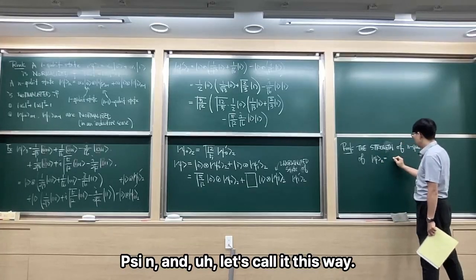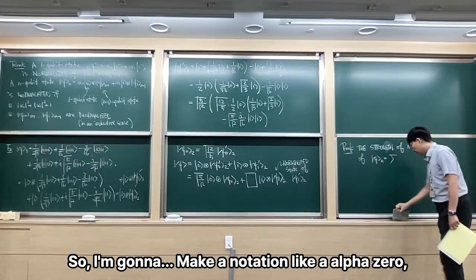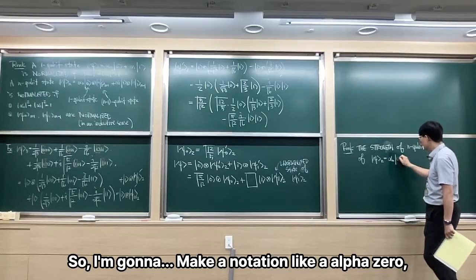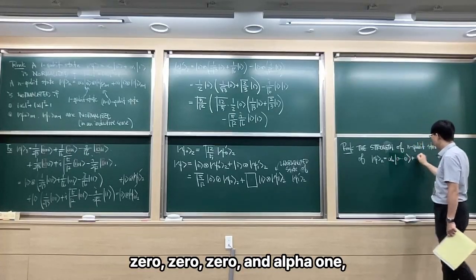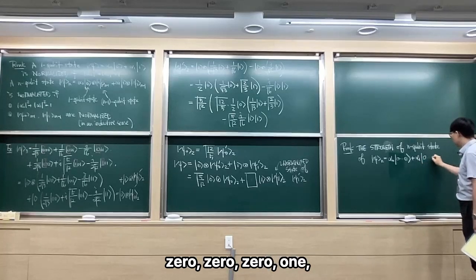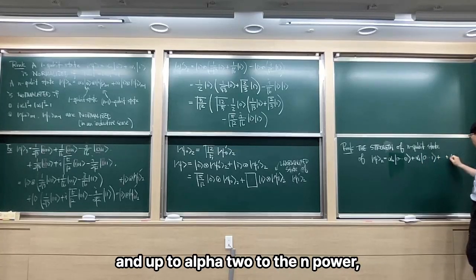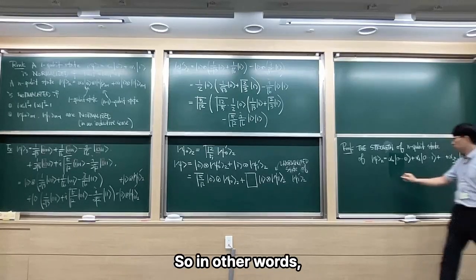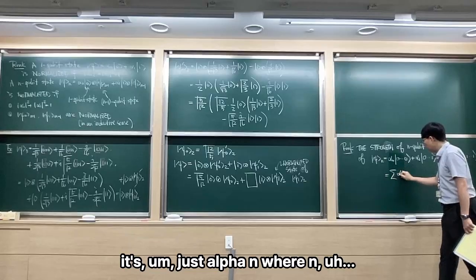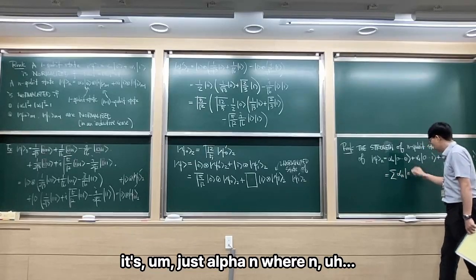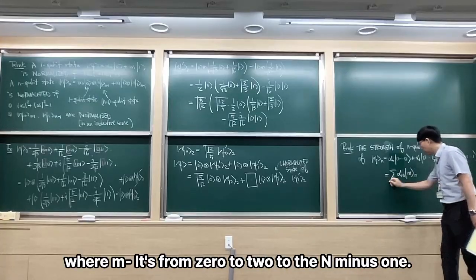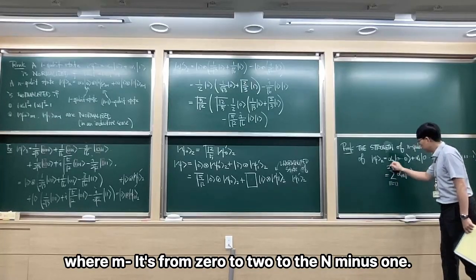Let's call it this way. I'm going to make a notation: alpha 0 |0...0>, alpha 1 |0...01>, and up to alpha 2 to the n minus 1 |1...1>. In other words, it's just alpha m, where n is not a good index, so m, where m is from 0 to 2 to the n minus 1.